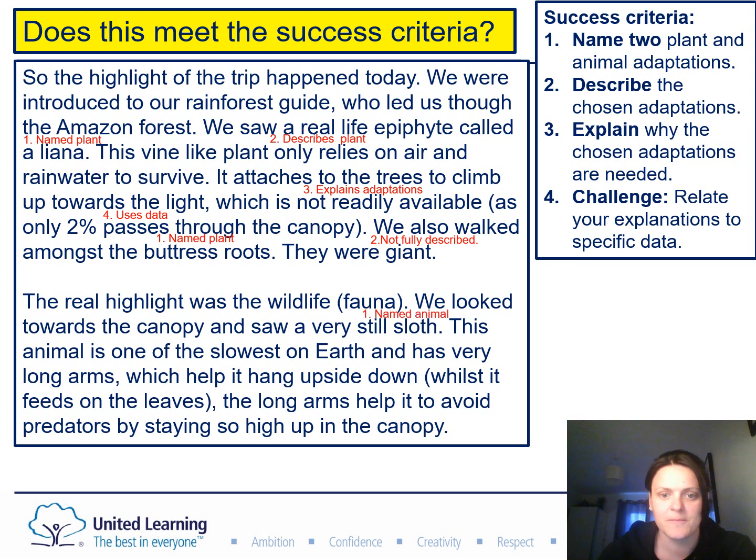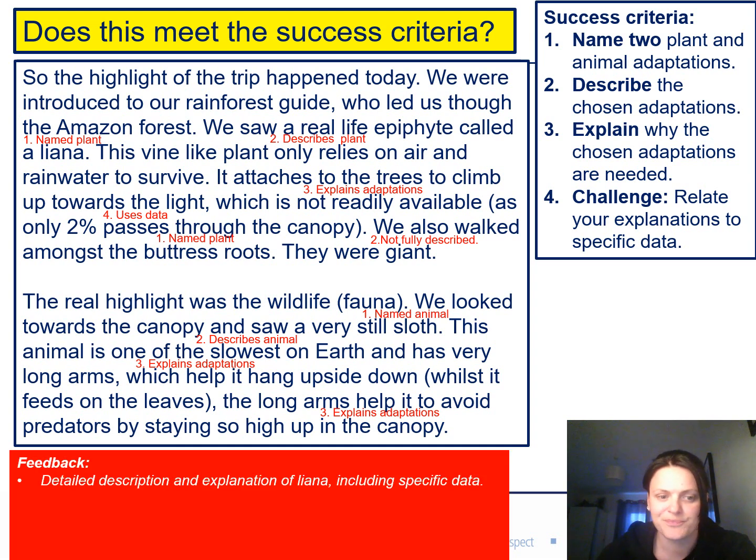Next paragraph. They named an animal, they described the animal, and they explained how it's adapted. And again, just down there, it's explained a bit more of adaptations. So overall, yeah, it's really good. It's got detailed description and explanation of the liana, including specific data.